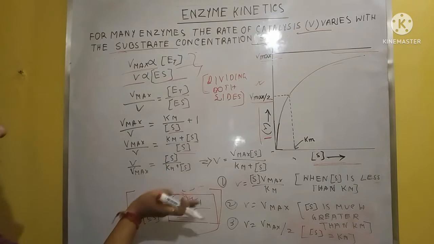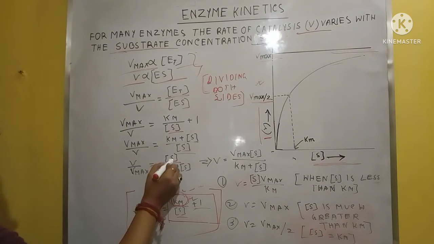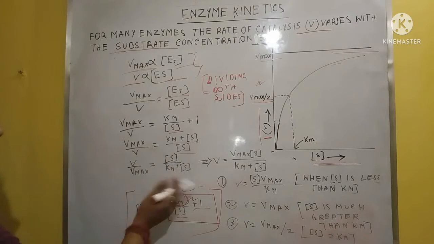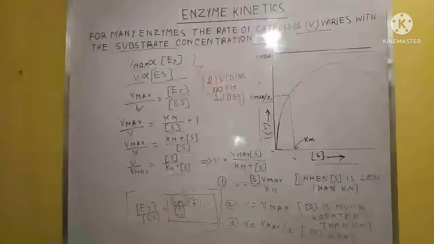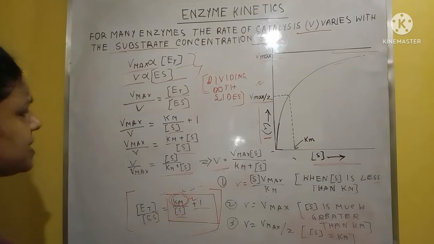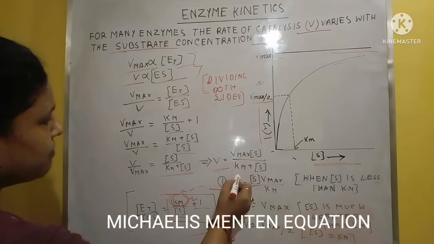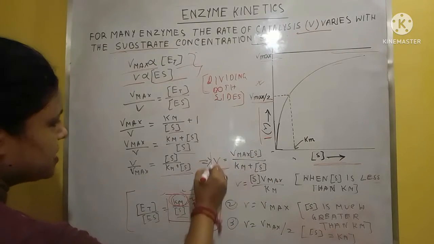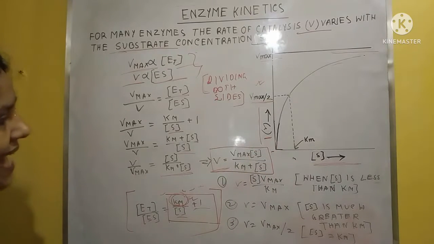So V by Vmax equals substrate concentration divided by Km plus substrate concentration. Then V equals Vmax times substrate concentration divided by Km plus substrate concentration, and this is the relation of Vmax and Km.